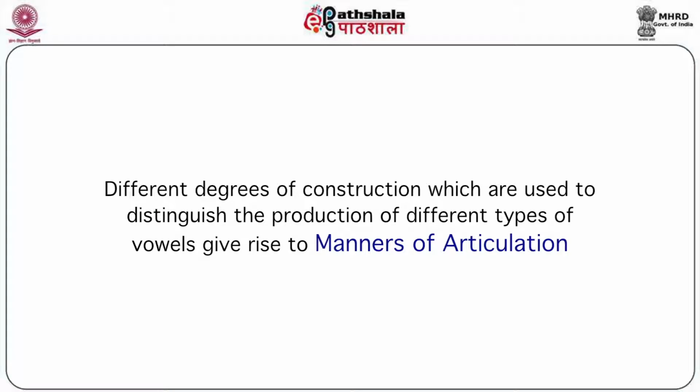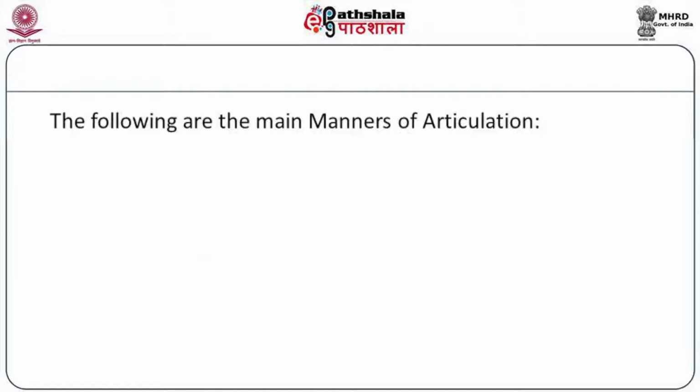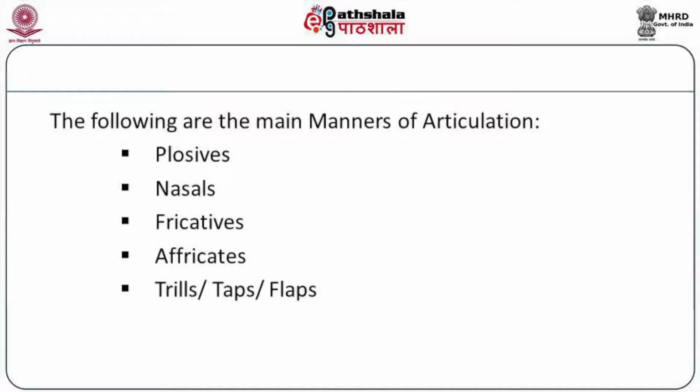Now, the different degrees of constriction which are used to distinguish the production of different types of sounds give rise to what is known as manners of articulation. The main manners of articulation that we are going to discuss are given on the screen: plosives, nasals, fricatives, affricates, trills, taps and flaps, laterals, and approximants.